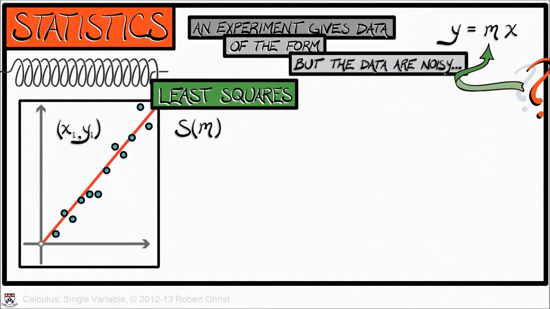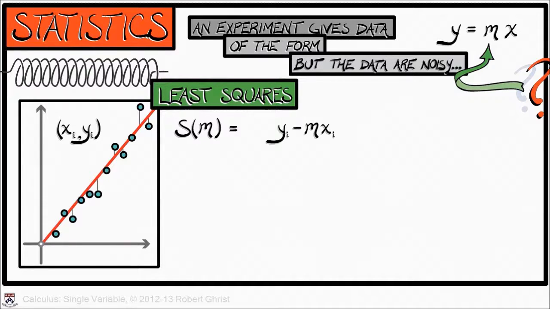Consider the function s depending on m that is given by the following. I'm going to look at the vertical distance between the data points and the line of slope m. This vertical distance is given by y sub i minus m times x sub i. What I'm going to want to do is add up all of those distances and then minimize.